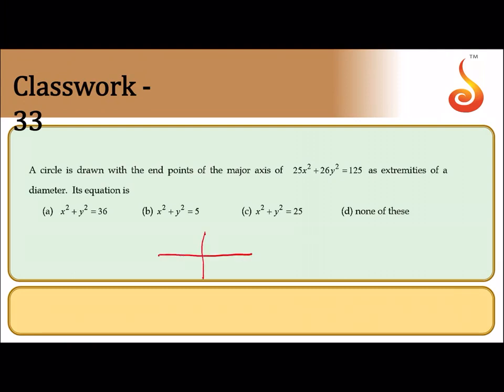33. A circle is drawn with the endpoints of the major axis as the extremities of a diameter. This ellipse is given to you. This is called the auxiliary circle.